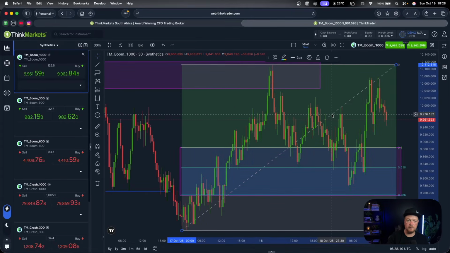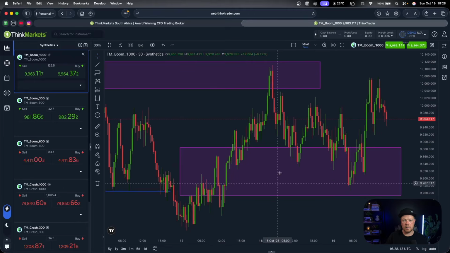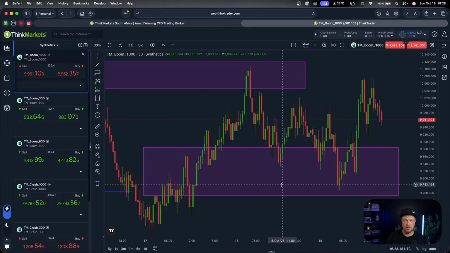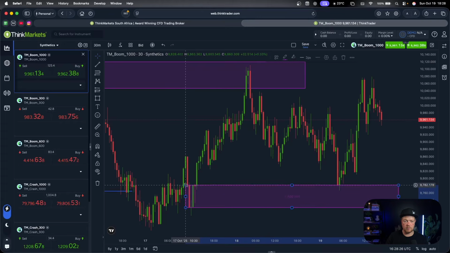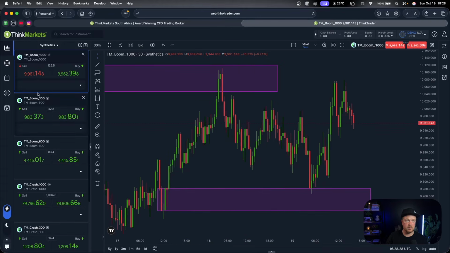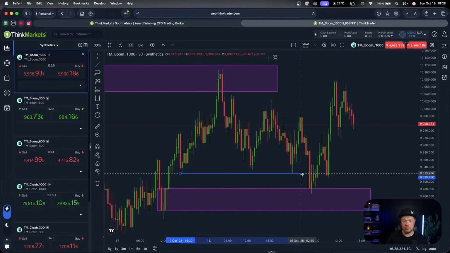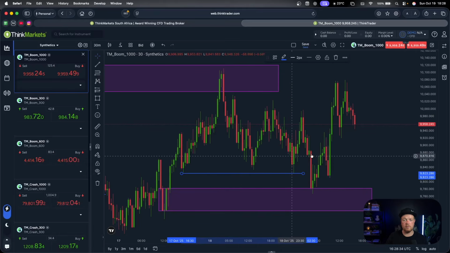Let's delete the fib. So we want entries as soon as price comes into this zone. We can immediately see we have an order block resting right over here. This order block resting right over here. We have nice liquidity that's actually being accumulated right over here.